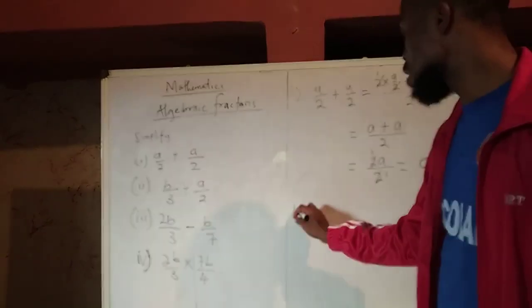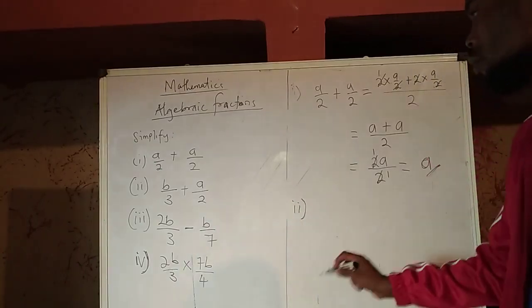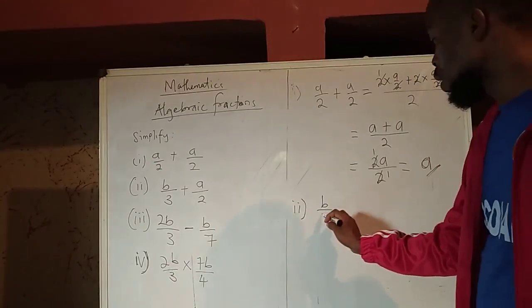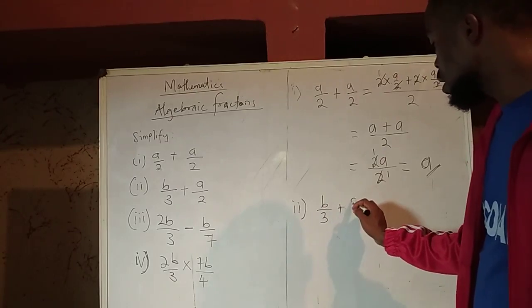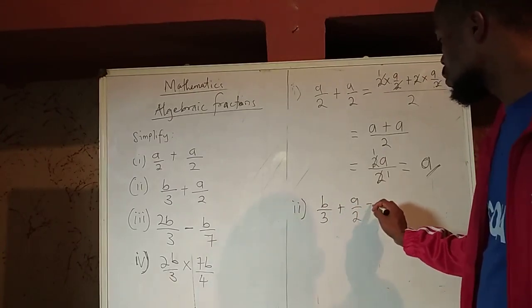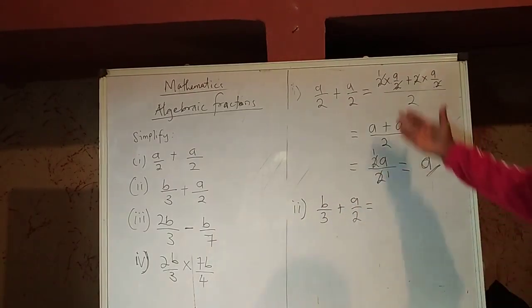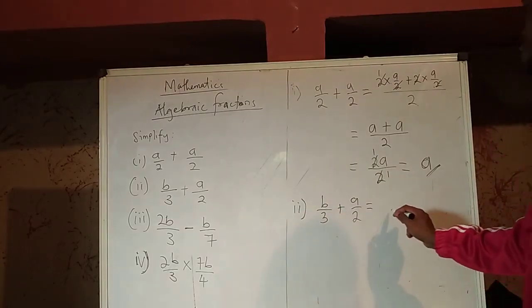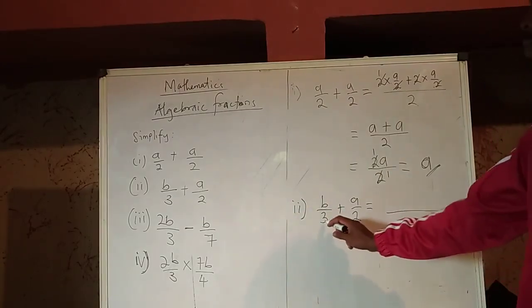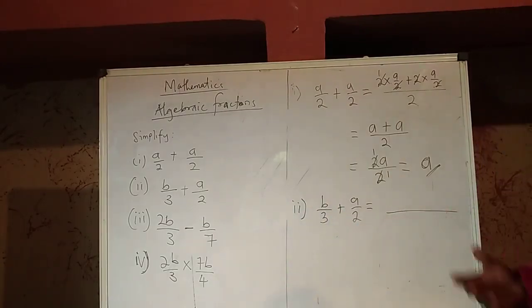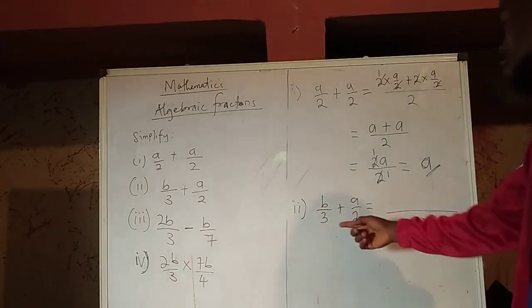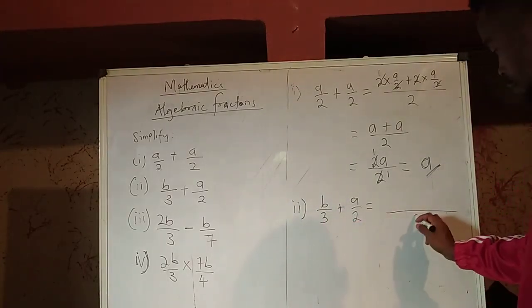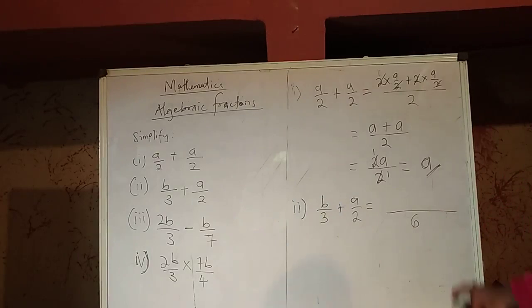So let's go to the second one, where we have b over 3 plus a over 2. The same procedure repeats itself, so we get the LCM. The LCM of 3 and 2 is 6.